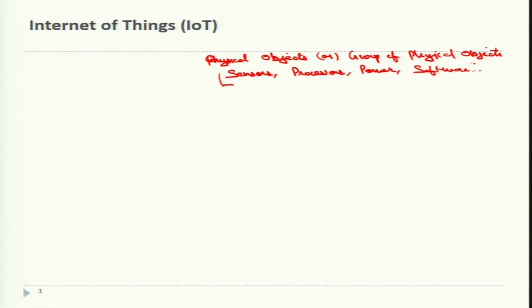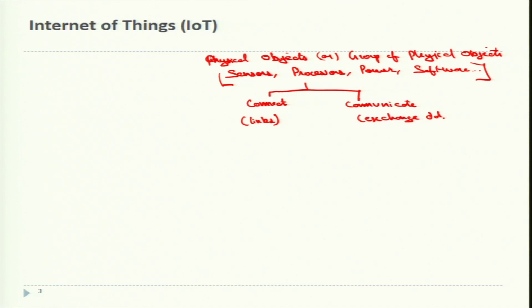They try, number one, to connect or to communicate. When I say connect, they are trying to have links between them. When I say communicate, they try to exchange data and information.